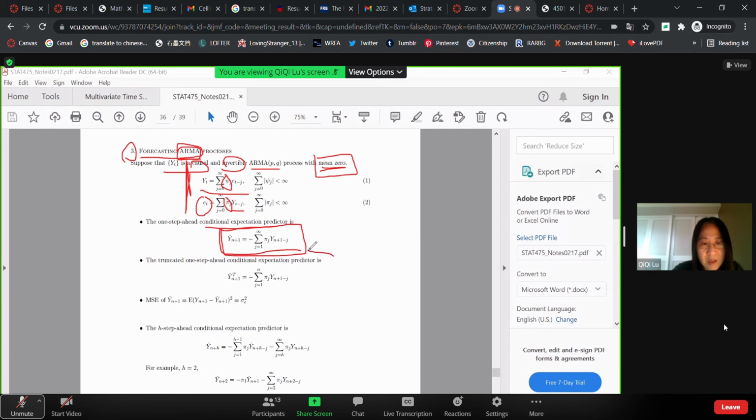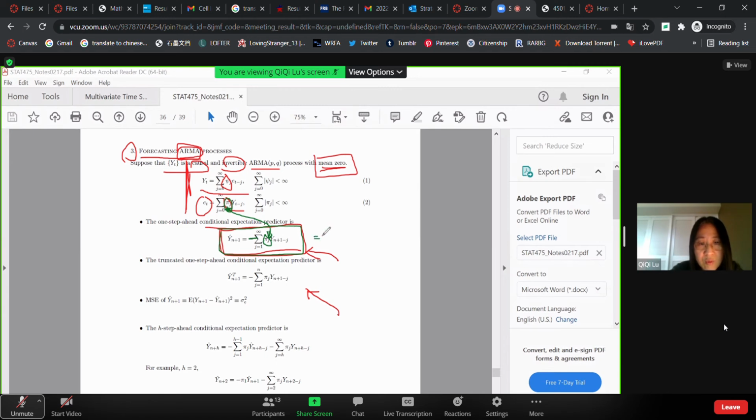So I skipped all the proof here. I have the proof, but I deleted everything here. Okay, so see this. That's negative pi j from here. So if it's invertible, you can find the pi j, the coefficient, and then pi j goes to here. So this is the conditional expectation predictor. See, what do you have here?